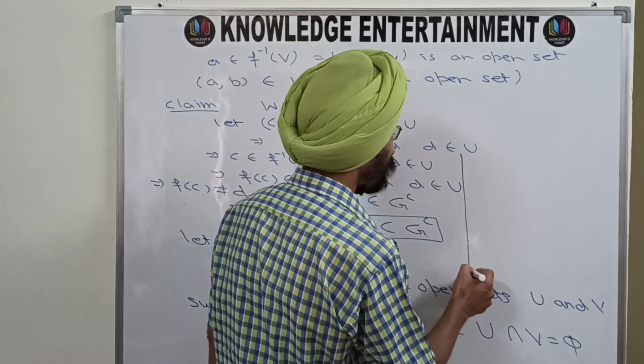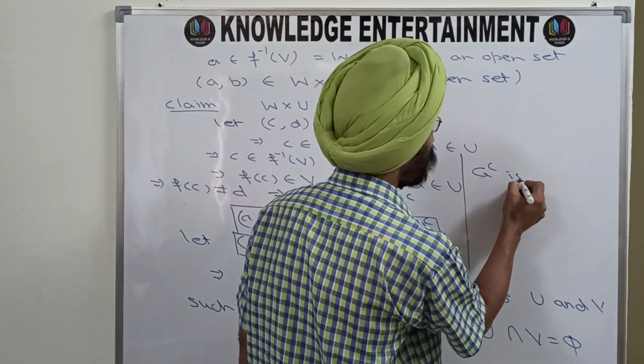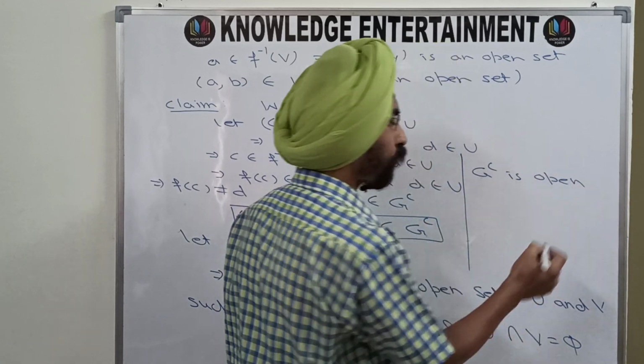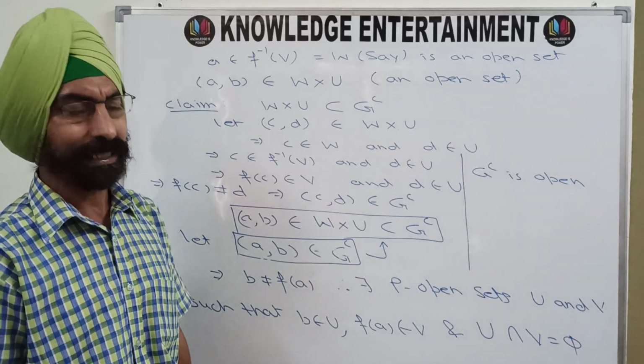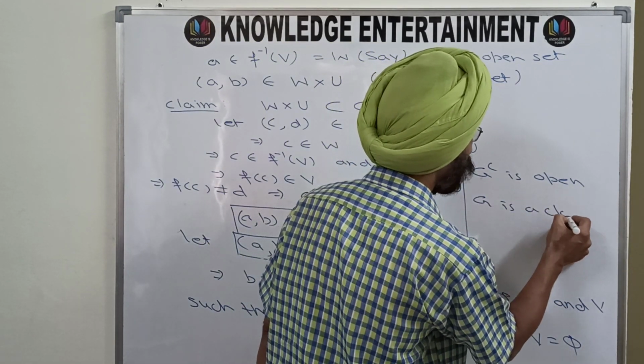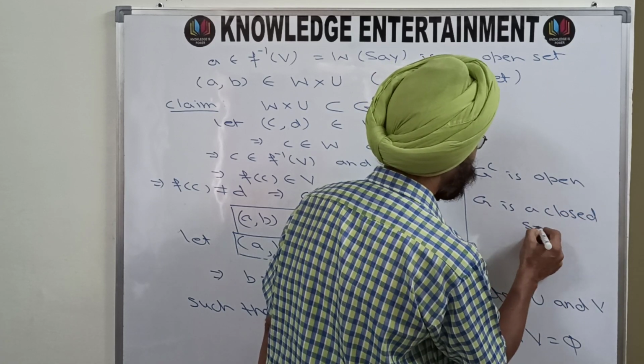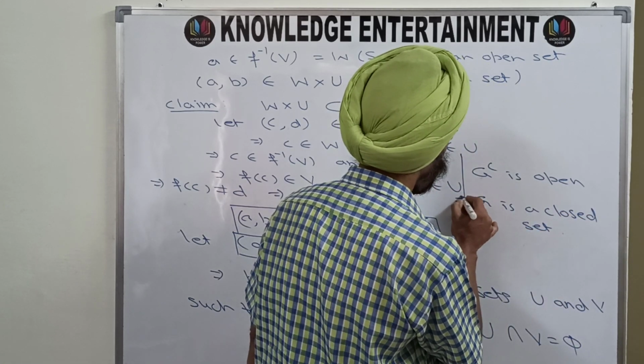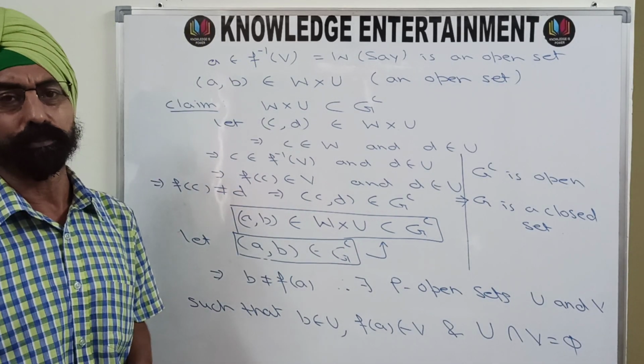So G complement is an open set, and if G complement is open, then clearly your set G is a closed set, which was required to be proved.